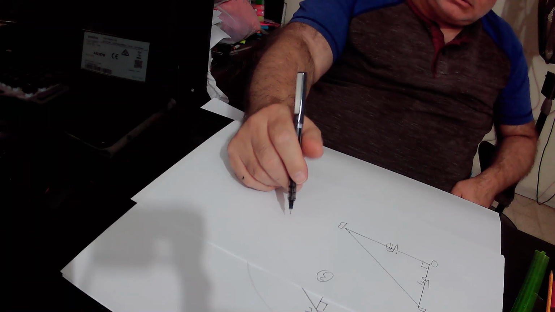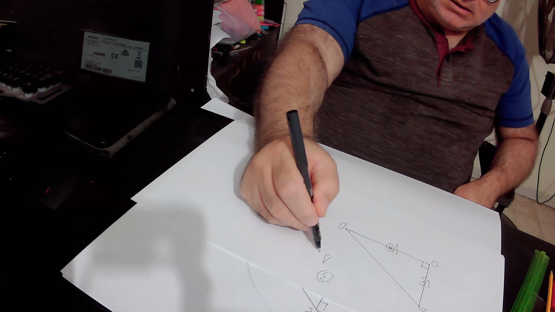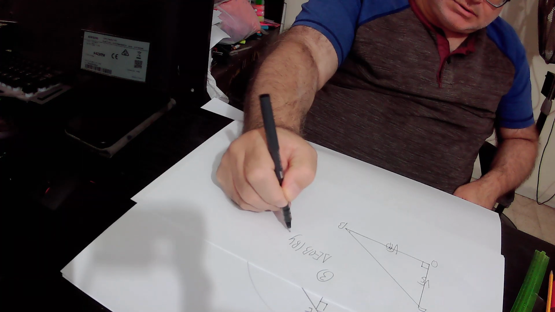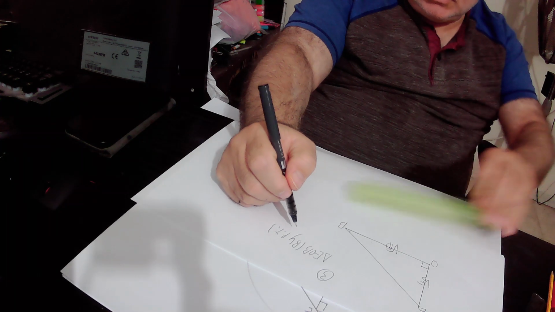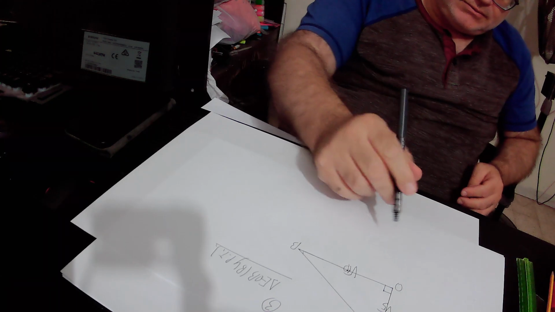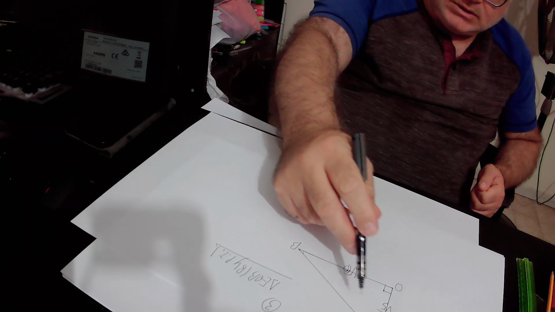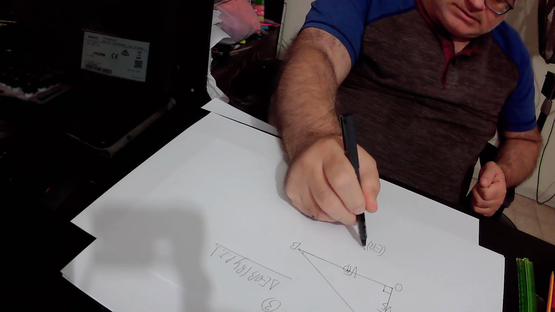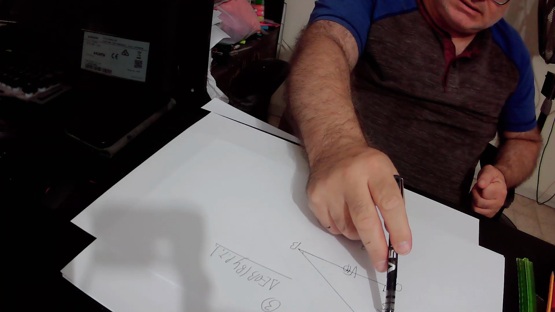So we'll implement the Pythagoras theorem on this right triangle EOB. By PT, the equation for the Pythagoras theorem, the square of the hypotenuse equals the sum of the squares of the perpendiculars. The square of the hypotenuse is EB squared, and it is equal to the sum of the squares of the perpendiculars.